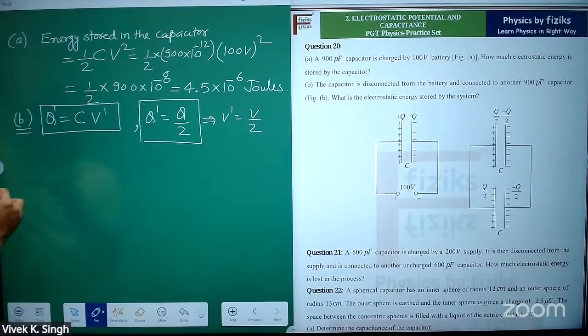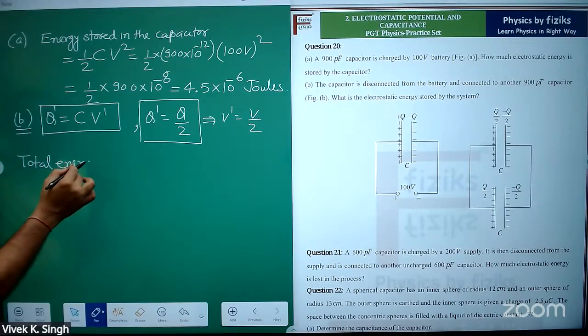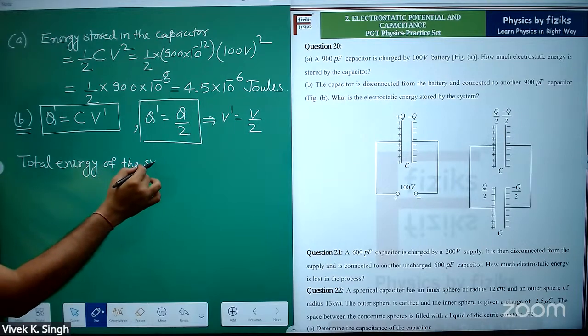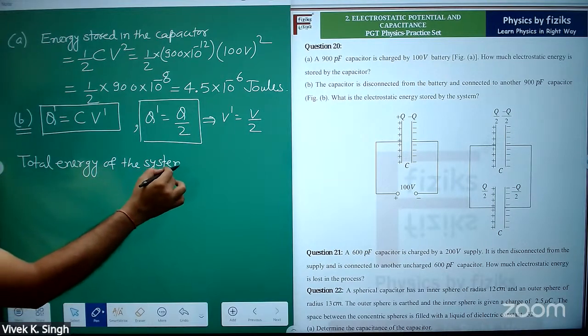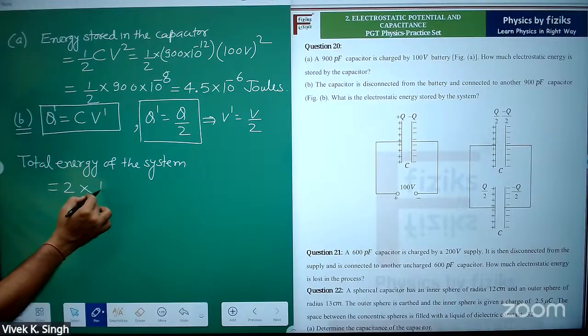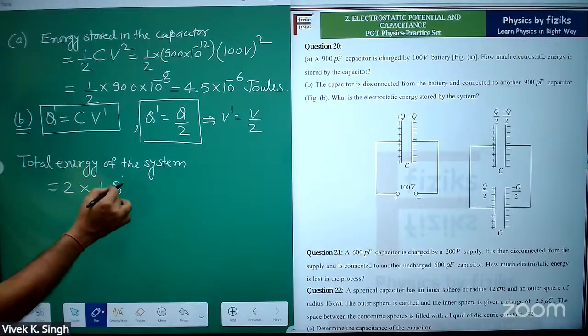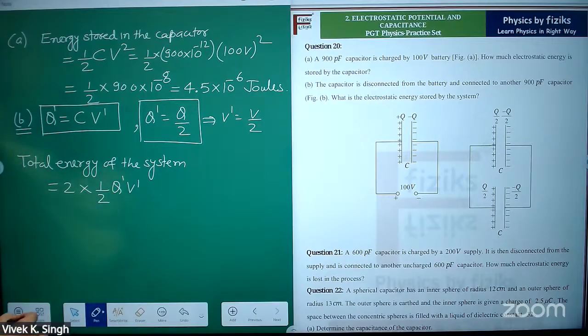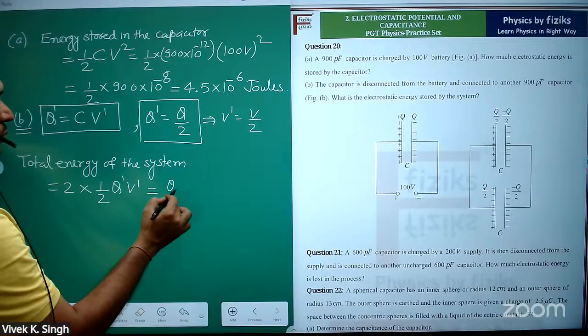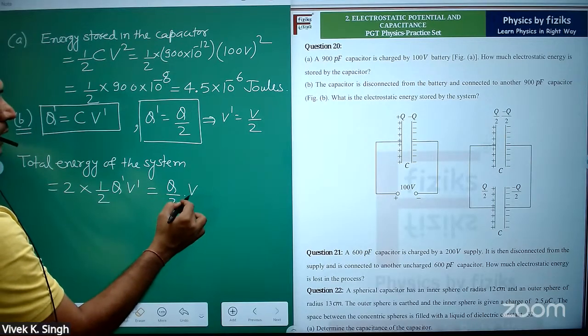So the potential will be V by 2. What is the total energy of the system? Now you have two capacitors and they have charge Q dash, potential is V dash. Q dash is Q by 2 and V dash is V by 2.